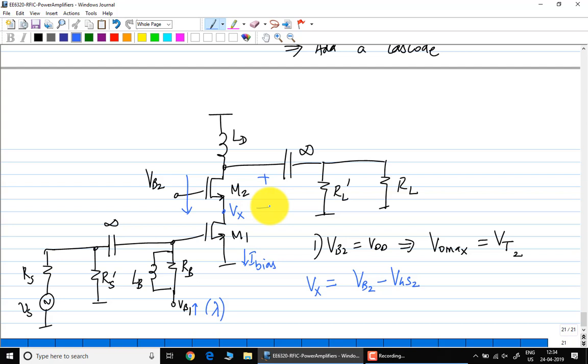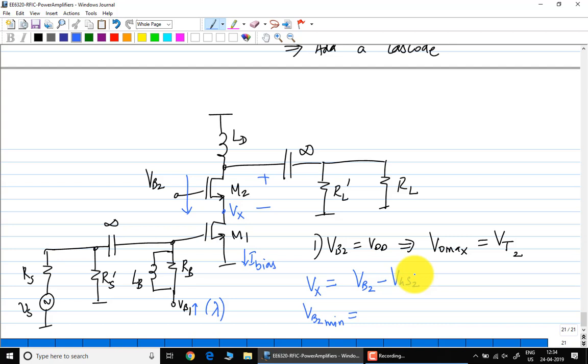Now I do all of this. I have now reset it to a new point. What is the minimum value of VB2 that I can set it to? VB2 min is equal to VDS2. Vx is VDS2. Okay, don't tell me VB2 min is VDS2. Vx is reducing.